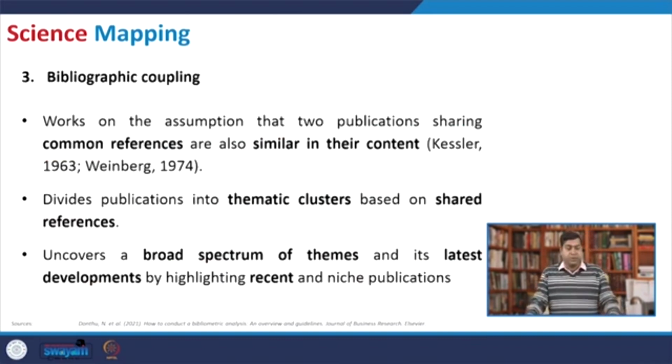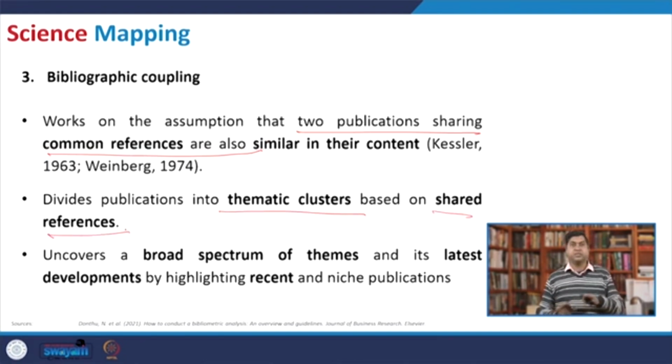Now, what is bibliographic coupling? It works on the assumption that two publications sharing common references are also similar in content. It divides publications into thematic clusters based on shared references. For example, for the last 5 years a group of authors may be trying to evolve a certain idea, so something very common emerges.